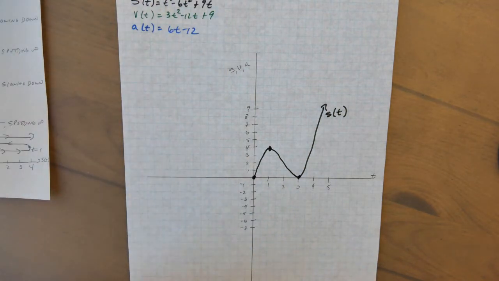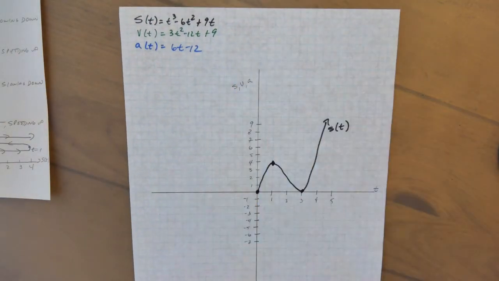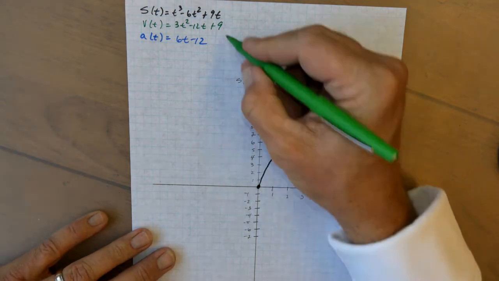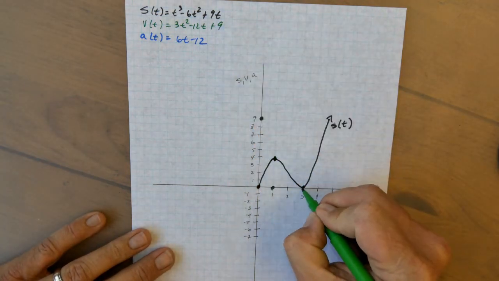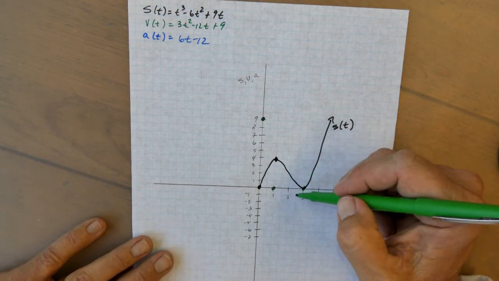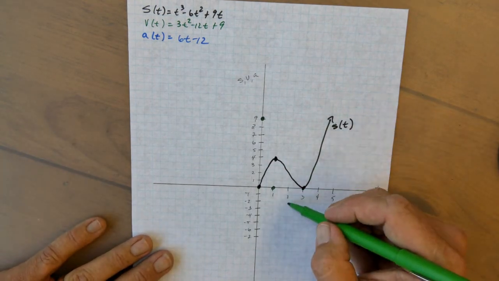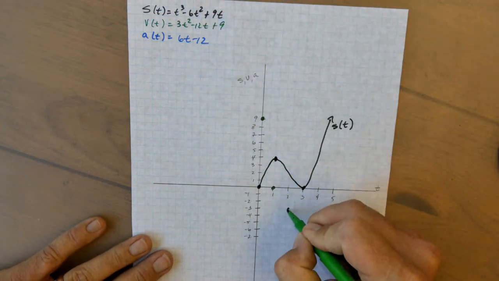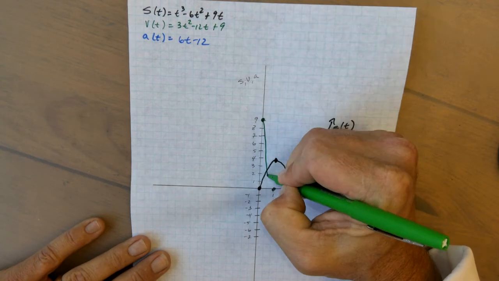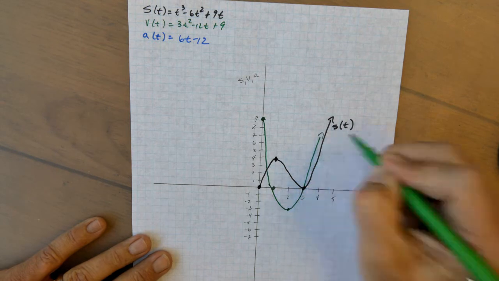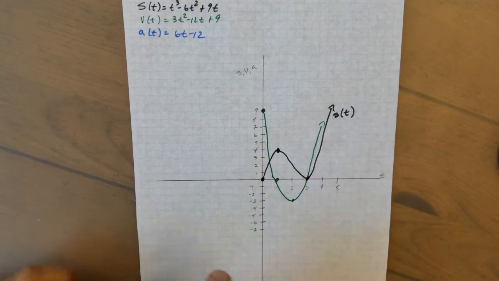Our velocity, which I have up here in green, we know the velocity, again, here's our velocity function. So at 0, we're at 9. We know that at 1 and at 3, we were at 0. And if we wanted to find out at 2, I believe we'd be at -3. So following along, there's our velocity.